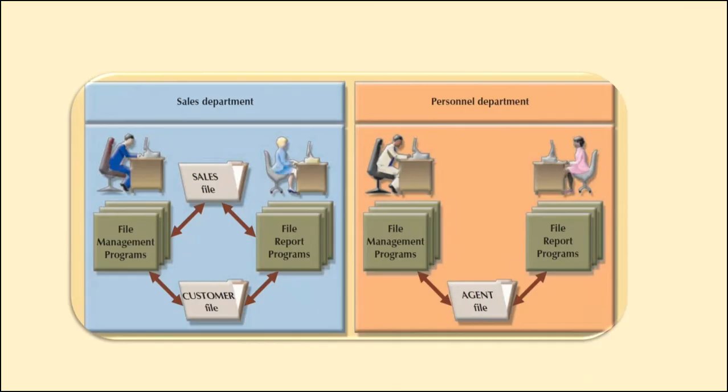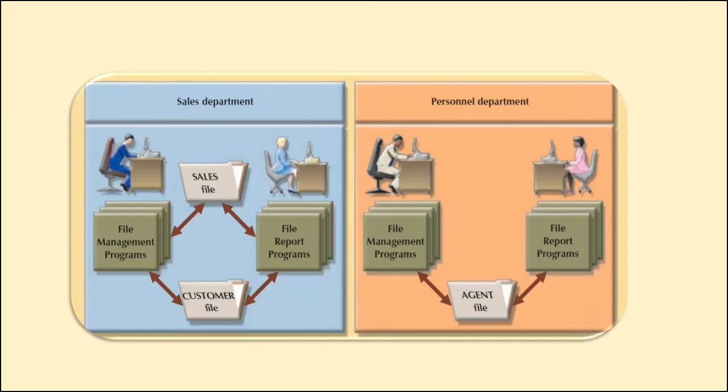Are you getting? Right? Each file is accessed separately through a different application program. There is no common structure and there is no centralized control over the files here. Are you getting? There is no centralized control over the files, right?